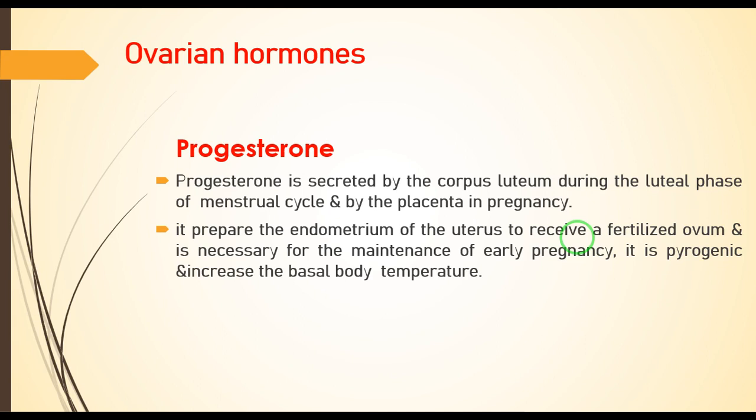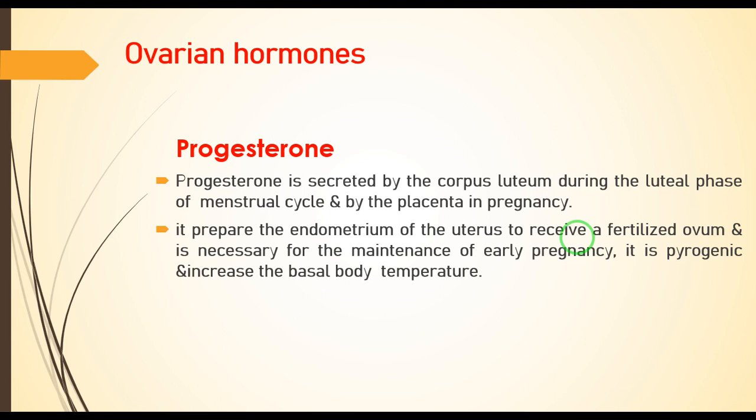The main function of progesterone is to prepare the endometrium to receive the fertilized ovum, and it is important to maintain early pregnancy by maintaining the environment in the uterus.